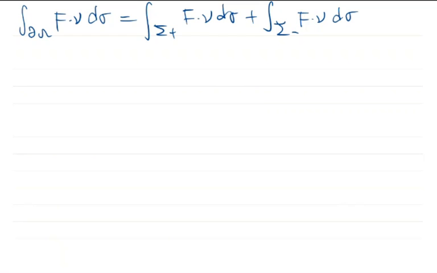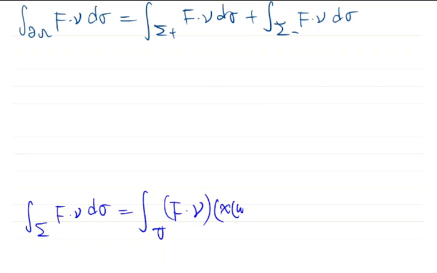You see, the integral of F nu replaces the x here, and then the norm of the corresponding normal vector.